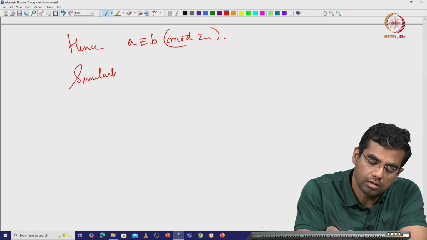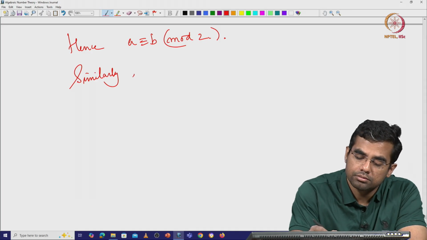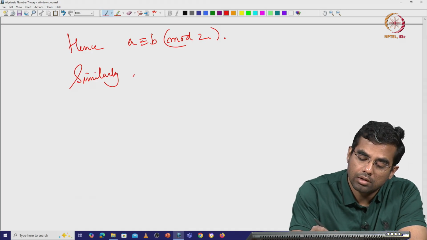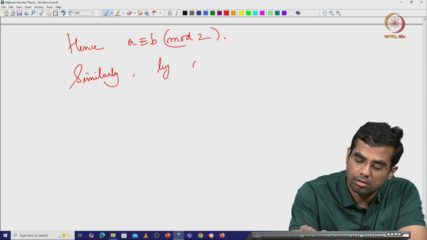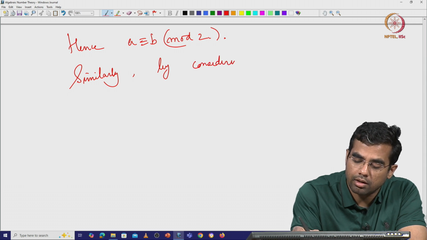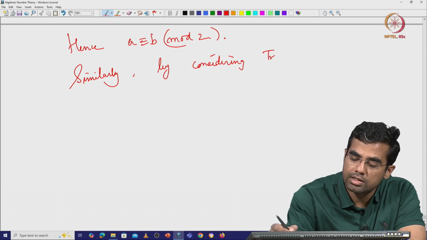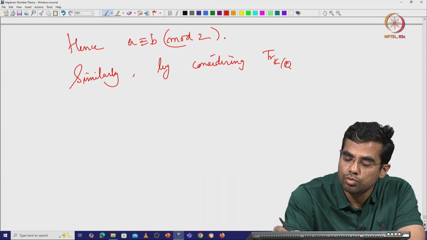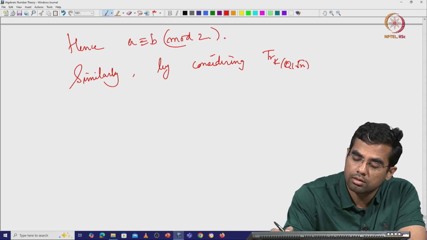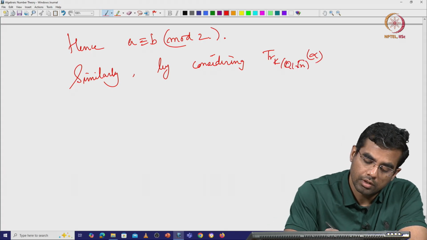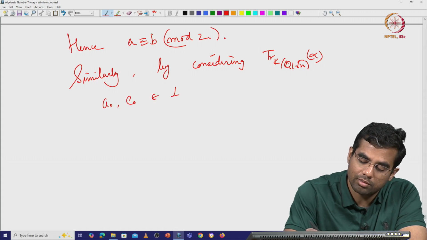So similarly, by considering the trace from K to Q(√n) of alpha, we get that a0 and c0 are in (1/4)Z.